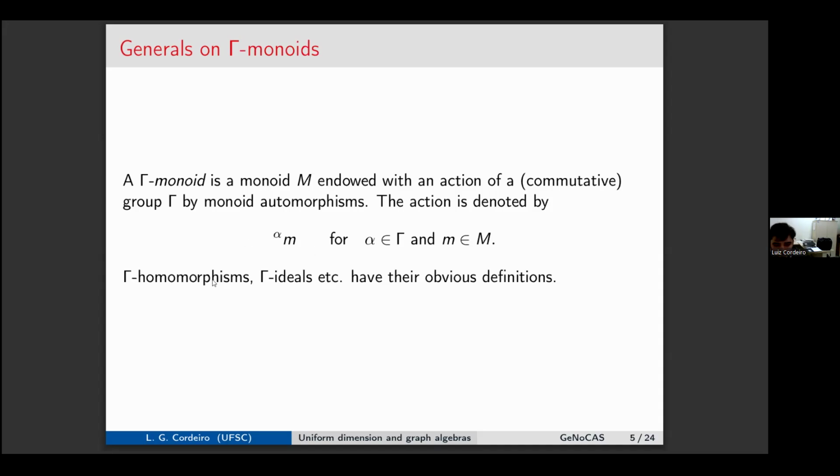Then the gamma homomorphisms, gamma ideals, and all the gamma variants of the usual notions for monoids have their obvious definitions. A gamma homomorphism is just a homomorphism between gamma monoids which also respects the gamma action. A gamma ideal is an ideal of the monoid which is invariant under the gamma action, and so on. I won't spend too much time listing those.